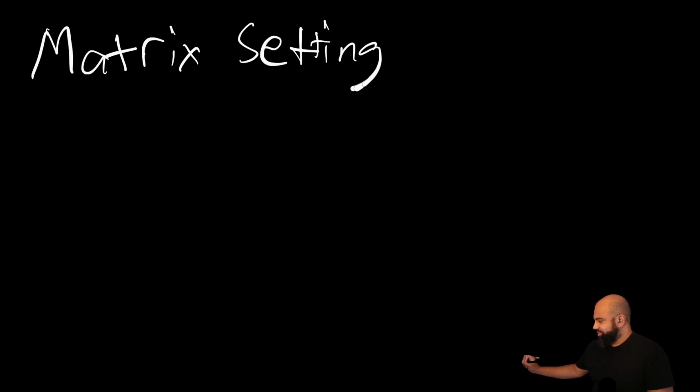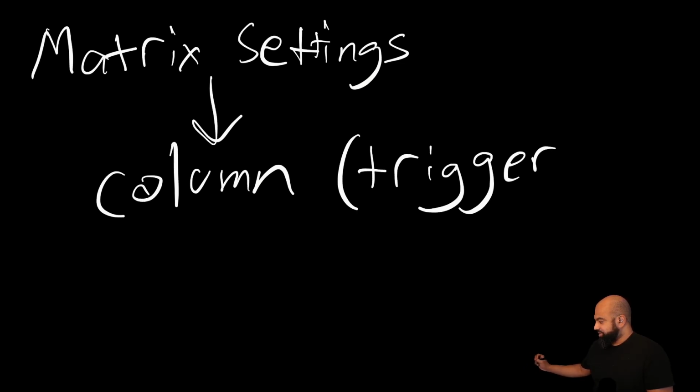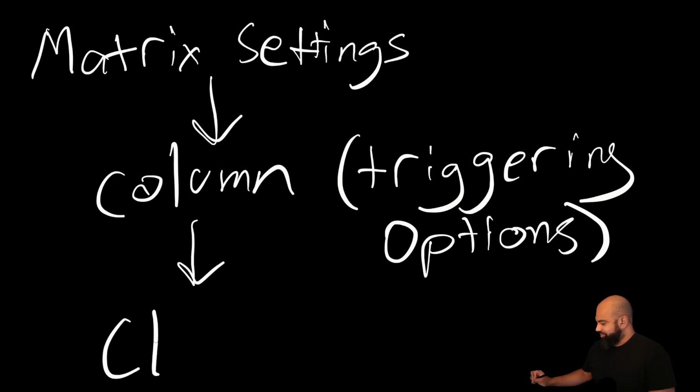If you're thinking about the hierarchy here, you have what are called your matrix settings. Those have some different settings in there. Then that goes to your column settings, and that's where we had the triggering options. And then it goes to the clip.